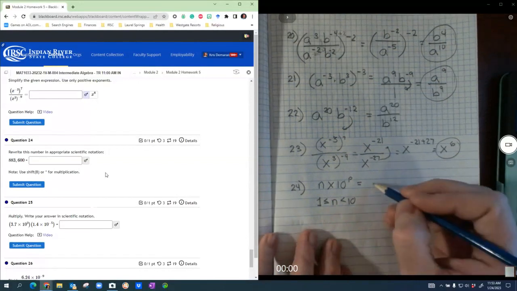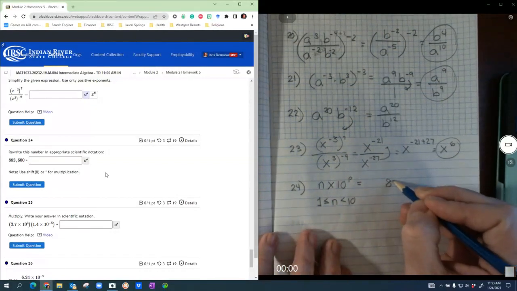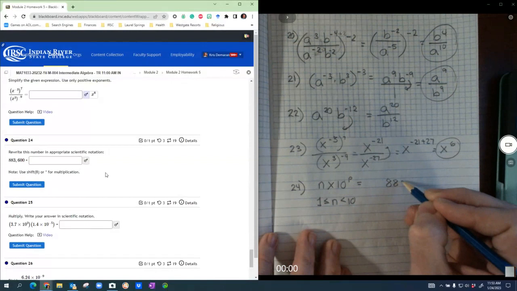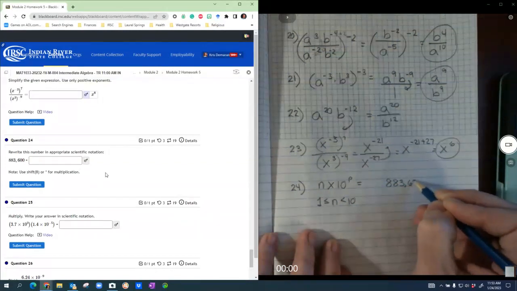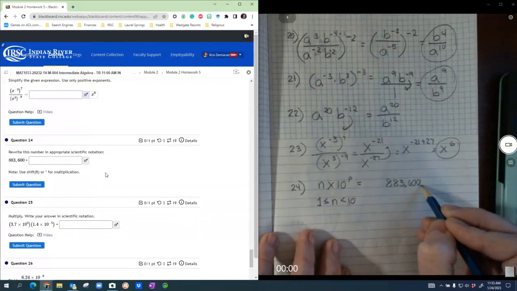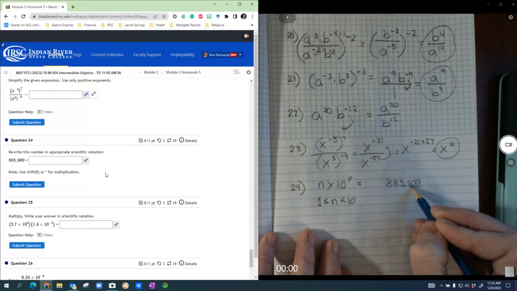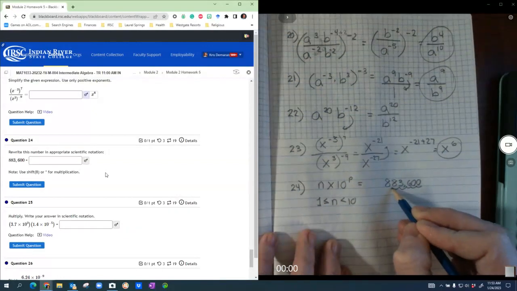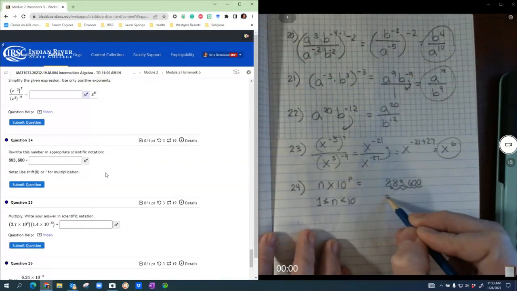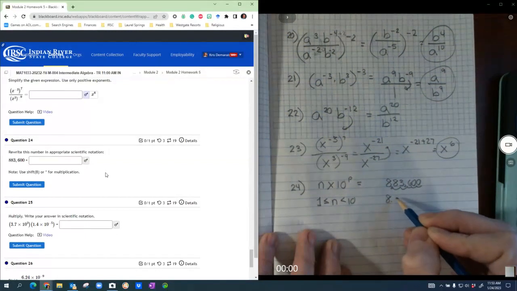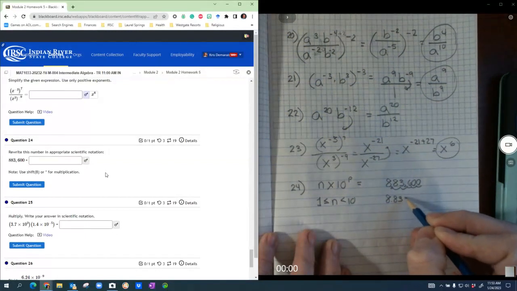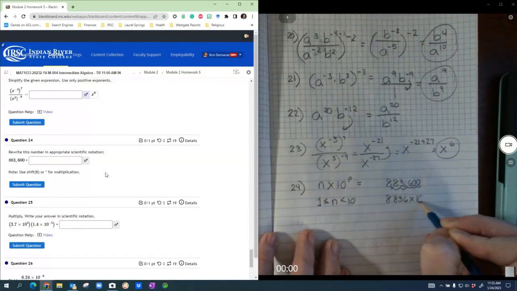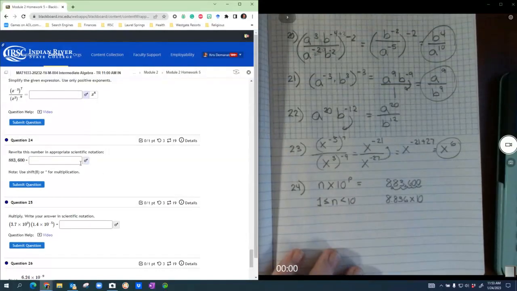So in this case, when we're looking at the value of 883,600, we're going to move the decimal point over 1, 2, 3, 4, 5 units, all right, in order to get the value between this. Okay.